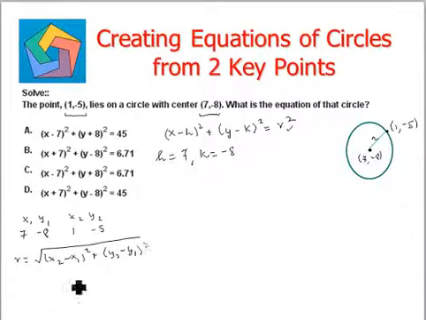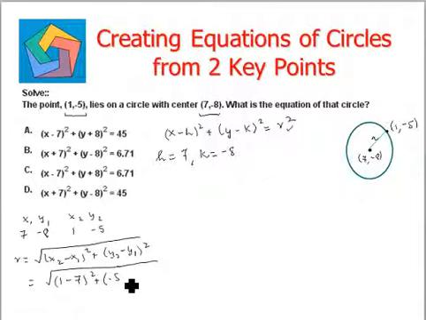We'll plug in our values: (1 - 7)² + (-5 - (-8))². 1 minus 7 is -6, -6 squared is 36, plus, negative times negative is a positive, so we have -5 plus 8 is 3, and 3 times 3 is 9. So the square root of 45 is the radius.